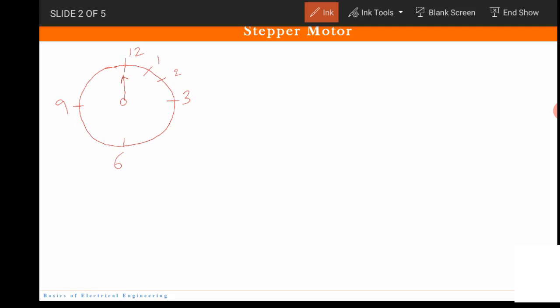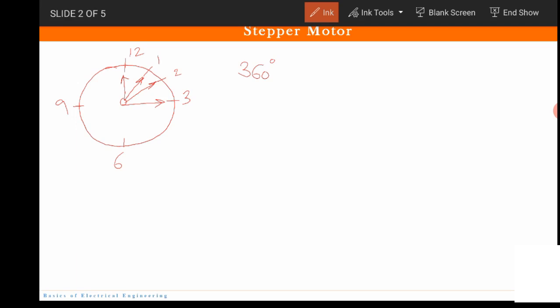What I wish to tell you is, you have a total of 360 degrees. Suppose this hand moves from 12 to 1, then from 1 to 2, then 2 to 3. So what is going to be the movement?